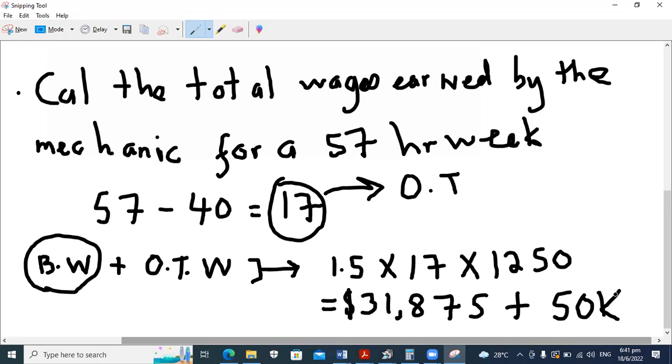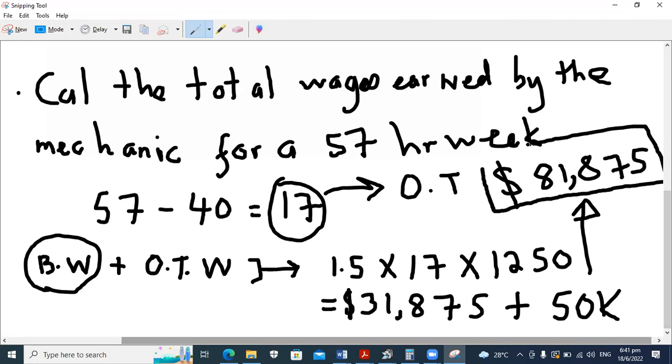Which I believe is 81,875. So this is what he works for the week in total.